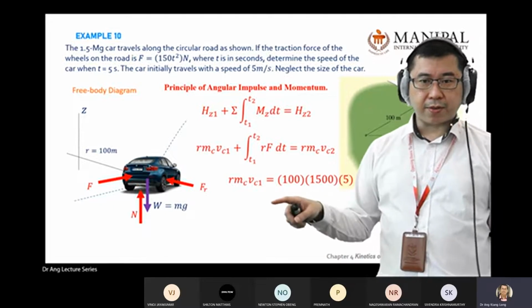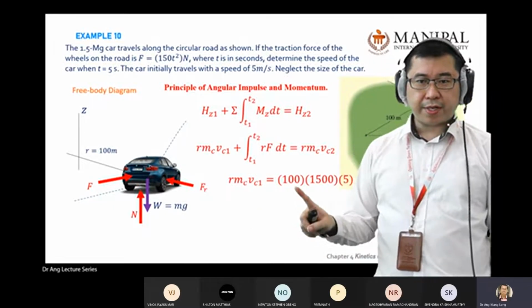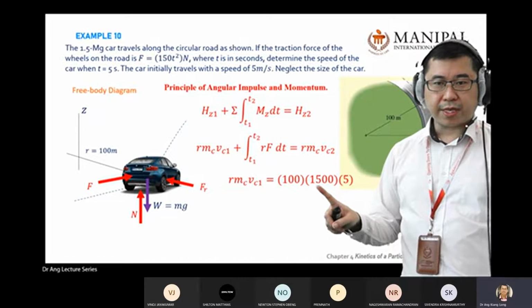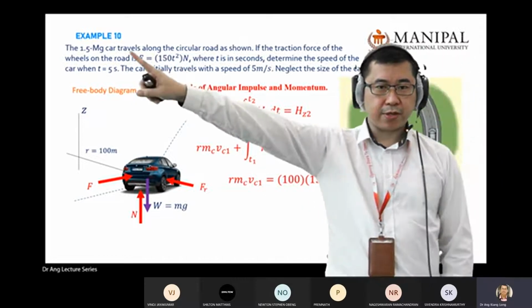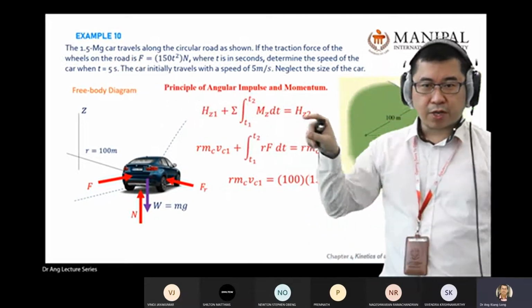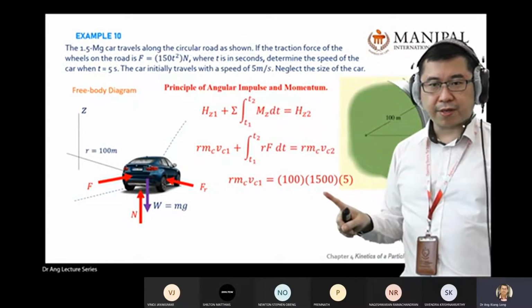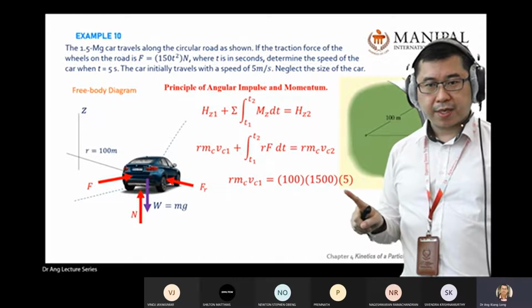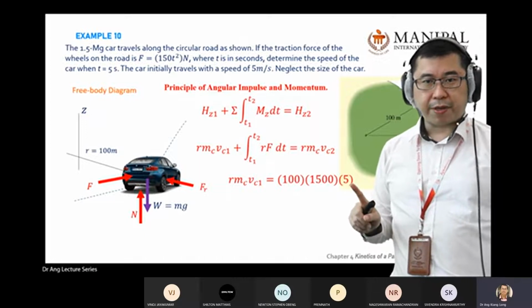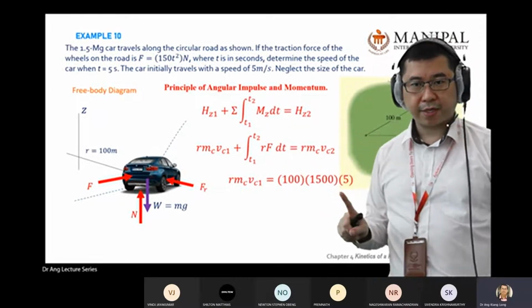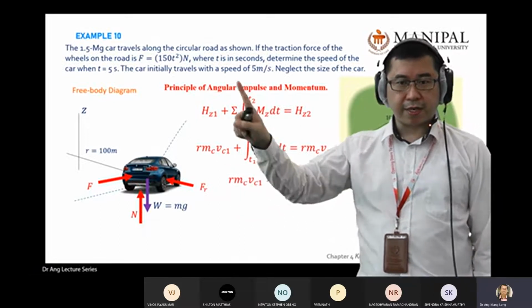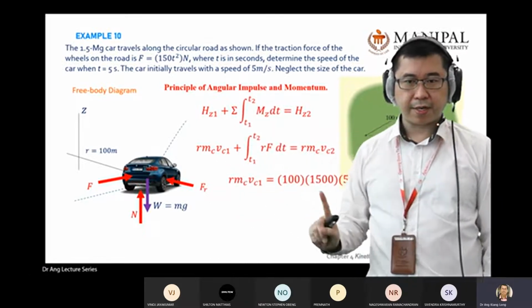Now calculate. R is 100, M is 1,500 kilograms. Although the question gives you megagrams, you need to change it into kilograms. 1.5 megagrams equals 1,500 kilograms. Velocity before it starts is given as 5 meters per second.